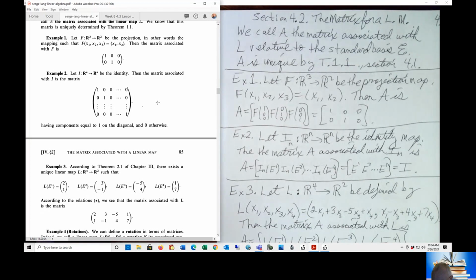So what's that? Well, it's just E1, E2, En. It's just the identity matrix. So the matrix associated with the identity map is the identity matrix. And I didn't write this one down, but if you look at the zero map, then the matrix associated with the zero map would be the what? The zero matrix. So that's simple to see.